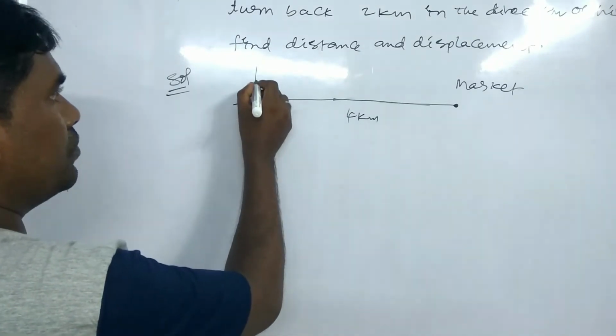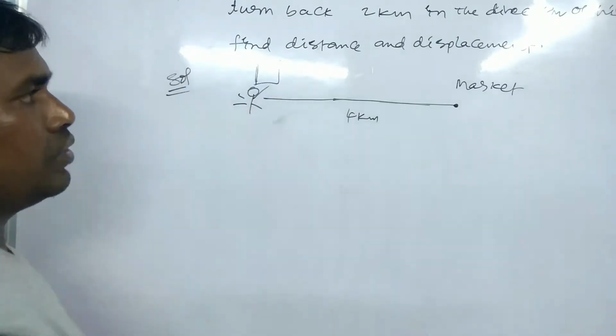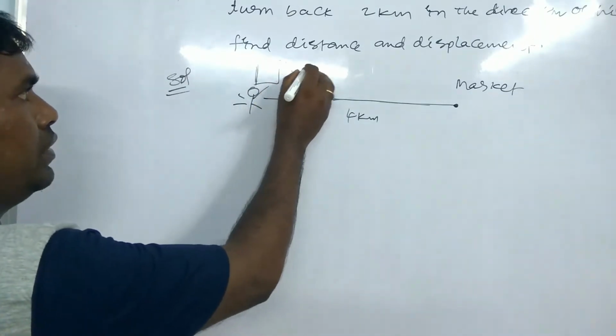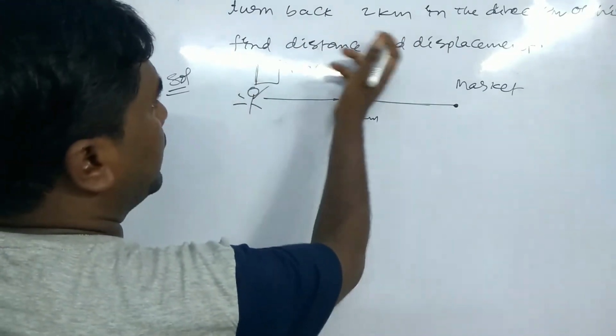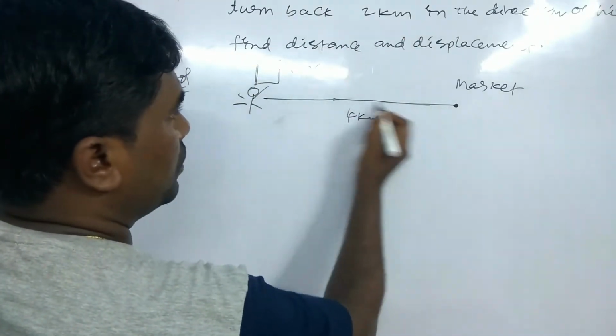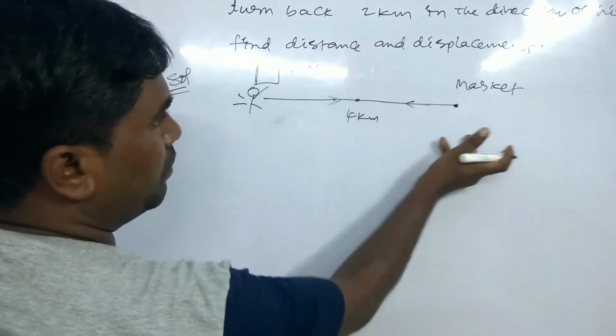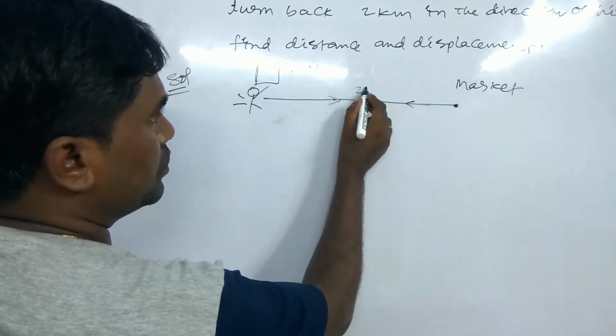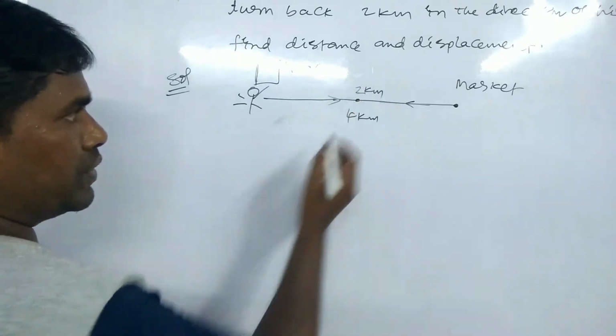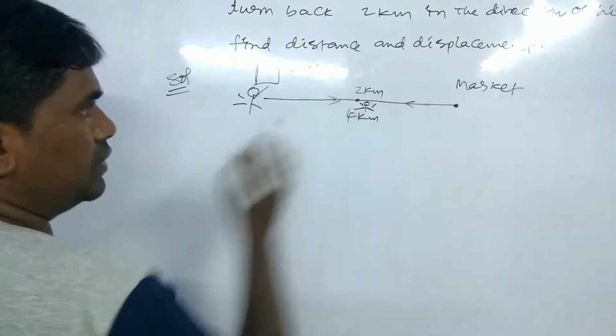And this is home. He started from the home. And after that he turned back 2 km. So this is the 4 km and again he comes back 2 km. Now the person is located at this point.